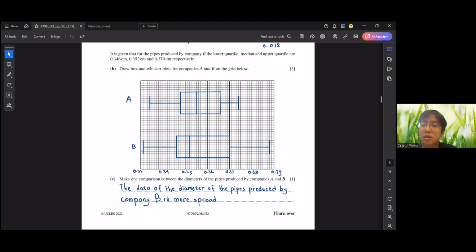Okay. C. Make one comparison between the diameters of the pipes produced by companies A and B. From the box and whiskers plots, we can see that the data of diameters of the pipes produced by company B is more spread than company A.